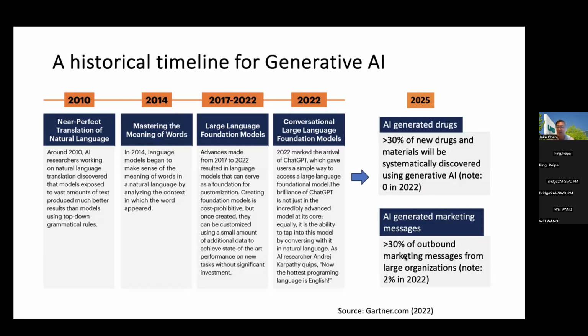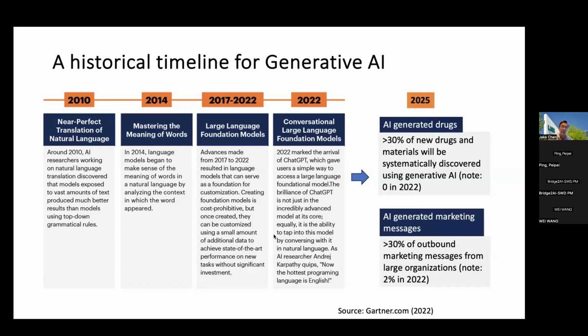For marketing, and if we're not already inundated by marketing messages, in the future, Amazon already is implementing AI-generated keywords to say what people are saying about a certain product, the pros and cons. But in the future, more than 30% of those messages are going to be generated by AI, for good or bad.